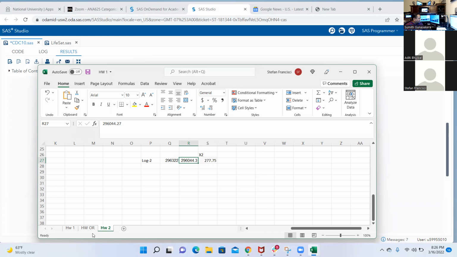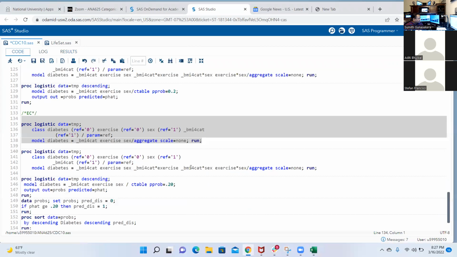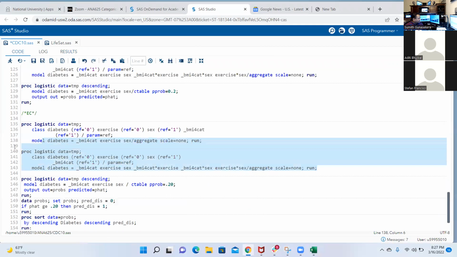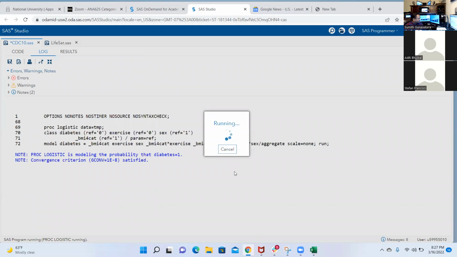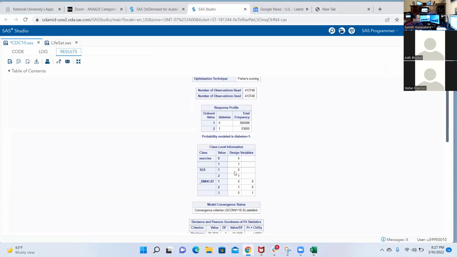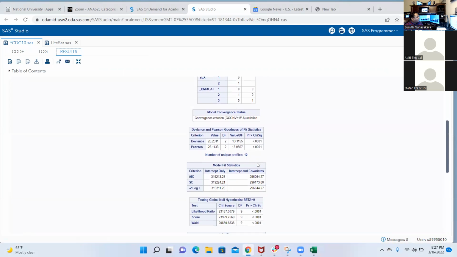So if we go back, the deviance for the unsaturated model is 303. This is the saturated one, with the interaction terms and all. He ran this one. Okay, deviance.